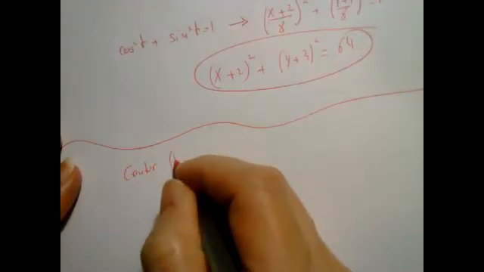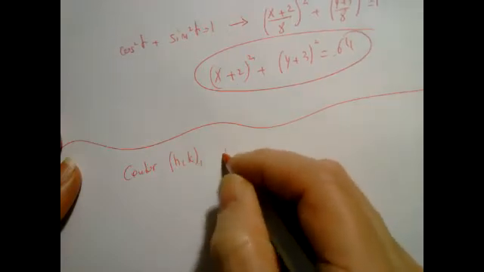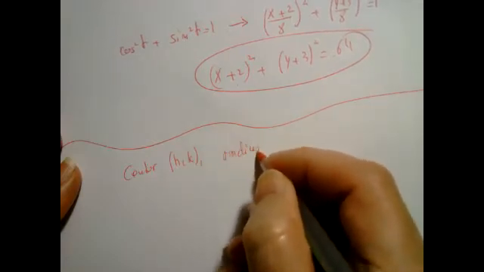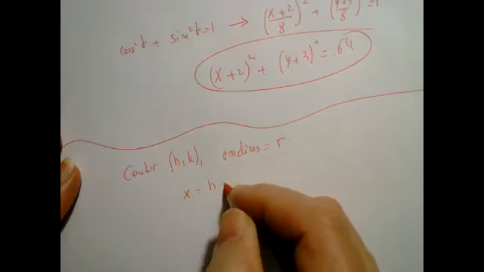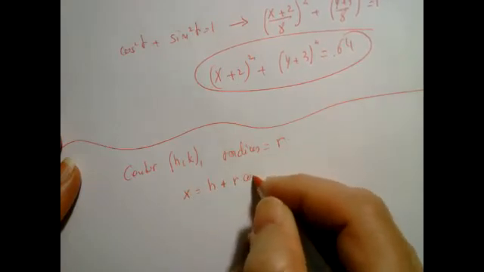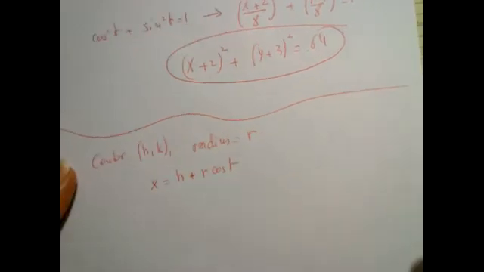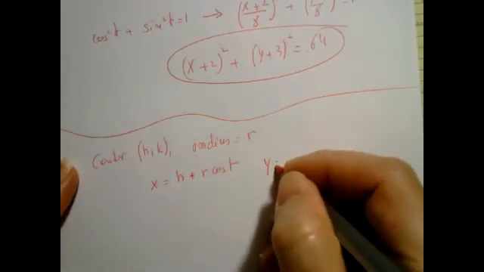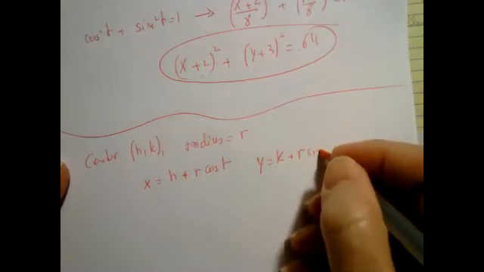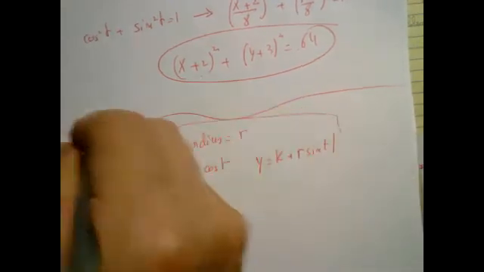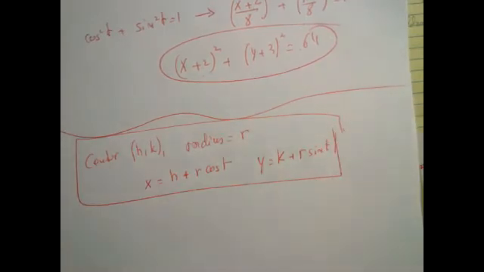Suppose the center is (H, K) and the radius is equal to R, then the parameterization is x equals H plus R cosine t, and that's counterclockwise, and y is K plus R sine t. That's always a parameterization of a circle centered at (H, K) and with radius R.